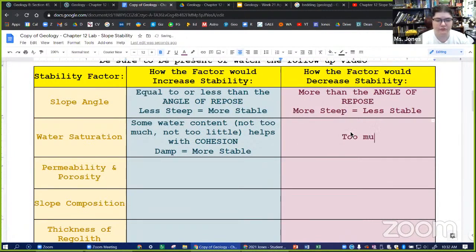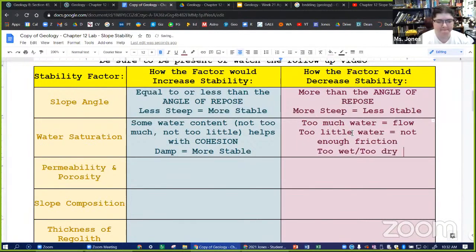But if you have too much water, it'll flow. If you have too little water, not enough friction. And so too wet or too dry equals less stable.